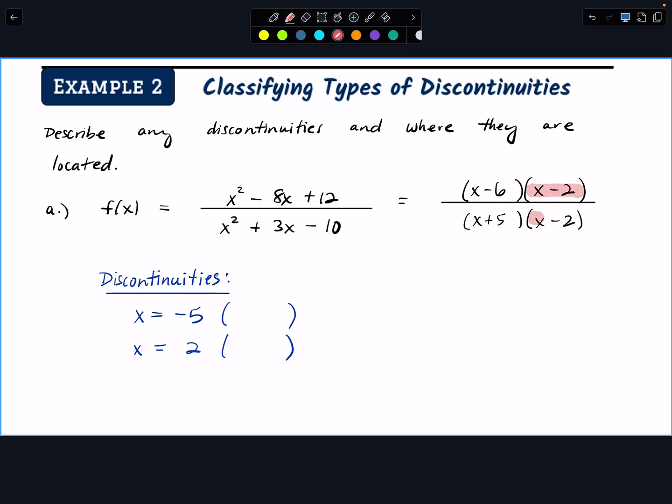X minus 2's cancel. So do you guys remember what that means in the graph? Very good. There's a hole. So that means that x equals 2, we have a hole. This doesn't cancel though, right? So what does that mean about our graph? Vertical asymptote. Good. That's it.